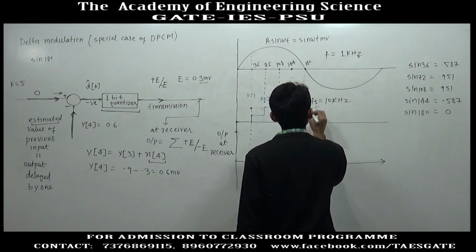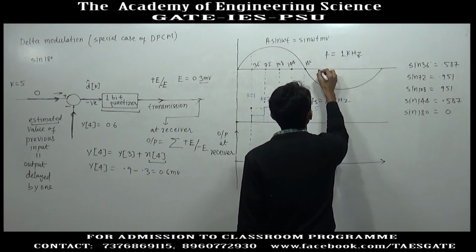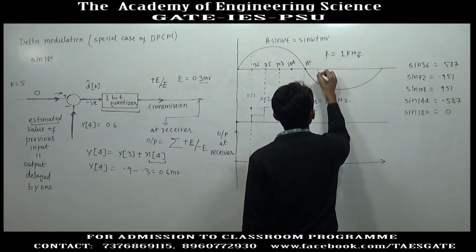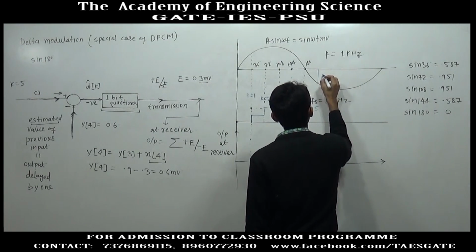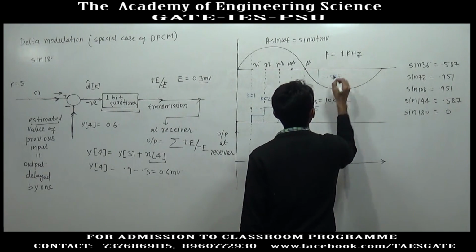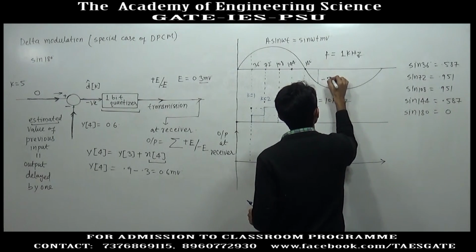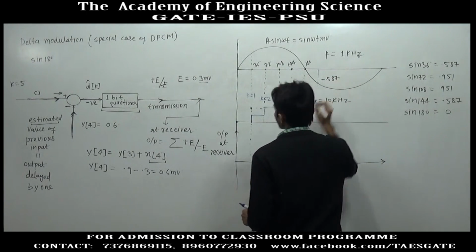Again at this point, the next input will be this sequence, minus 0.587.